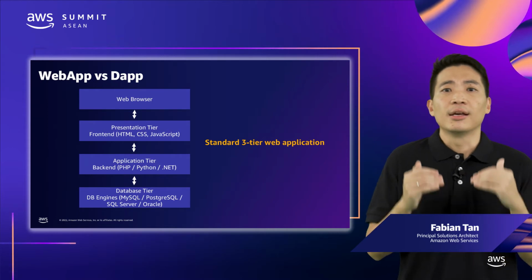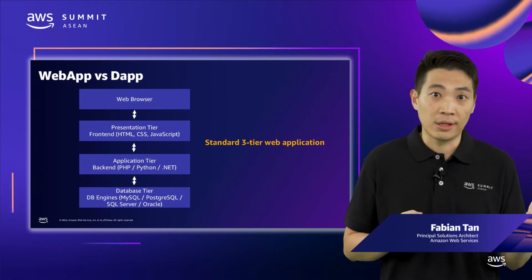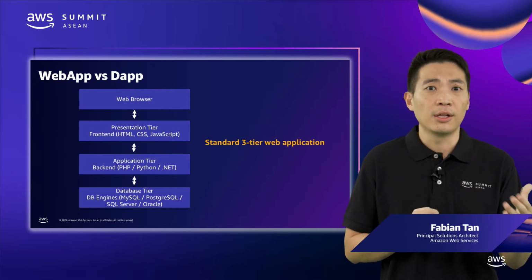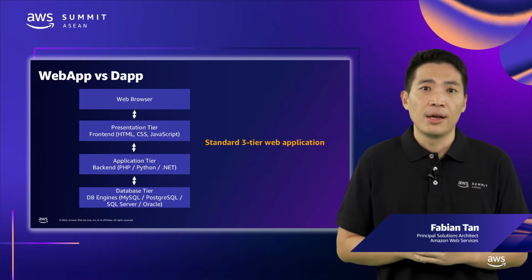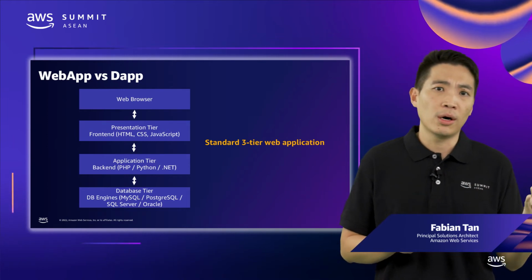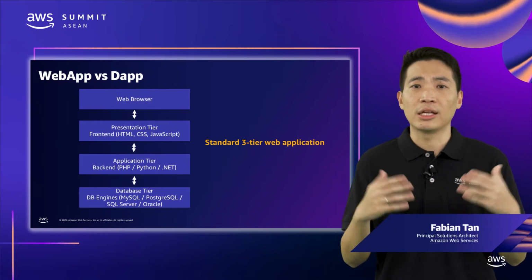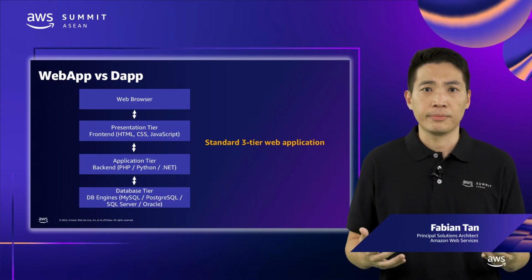And finally, the database tier, this is the database engine of choice based on your technical and business requirements. And you may be running an open source database such as MySQL or PostgreSQL or commercial grade database such as SQL Server or Oracle.